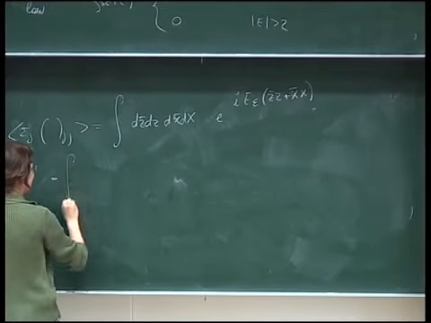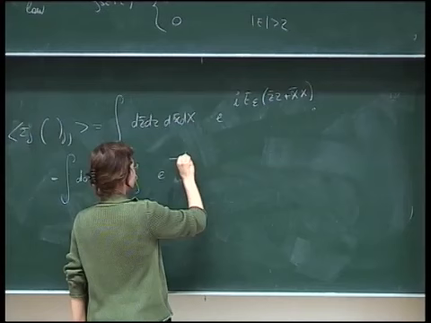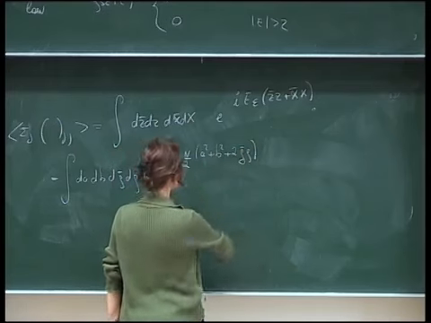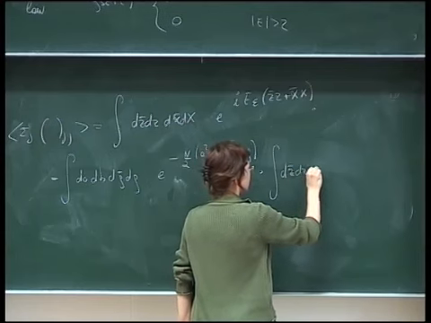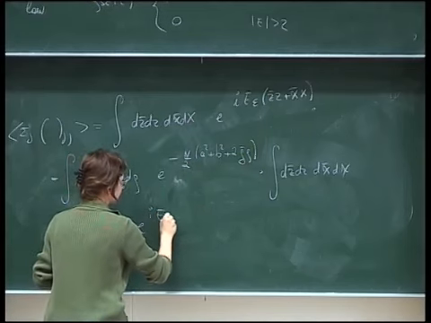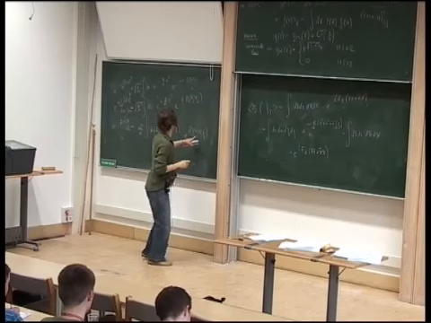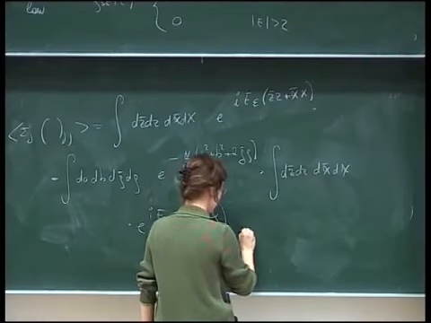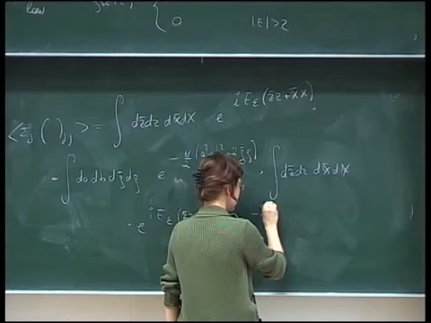So we have finally an integral over b, a, and well, I have to put together all these terms and I can reorganize them in the following way: e to the minus i sum over j.